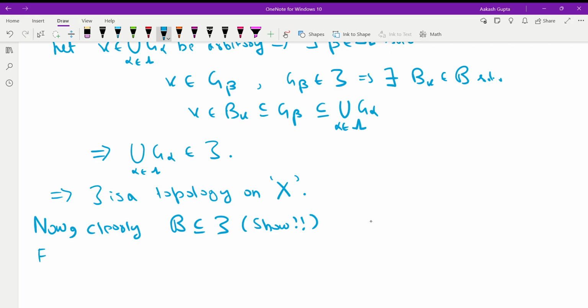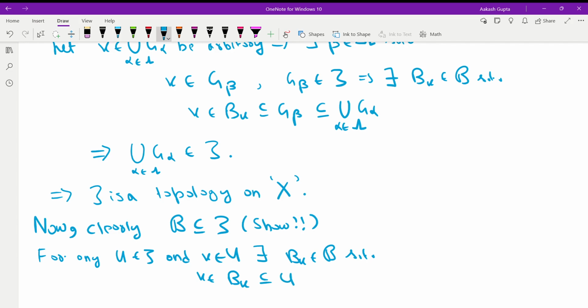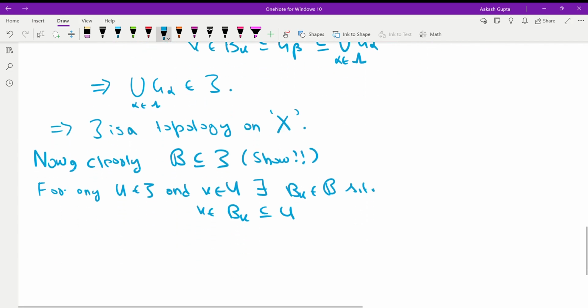So for any u in tau and x in u, apply the definition that u is in tau. There would be b suffix x in script b such that x belongs to b suffix x, which is contained in u, right? See, what is this? So this precisely implies what?